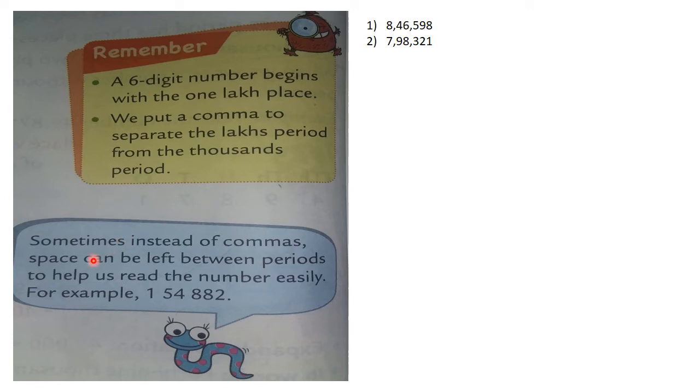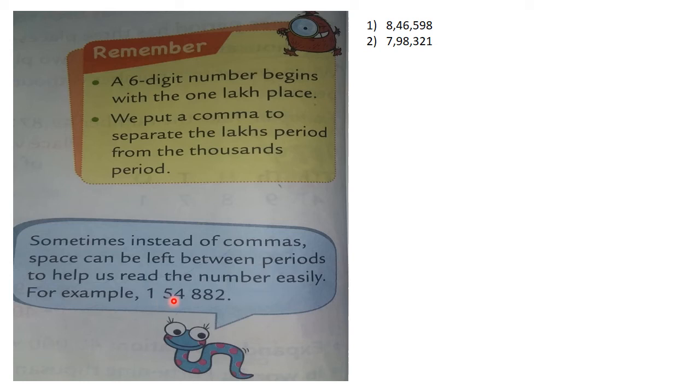Sometimes, instead of putting commas, we can leave a space between the periods, so that it helps us read the number easily. For example, if you have to write 1,54,882, instead of putting commas you can leave a space like this, so that it is completely understood that the 1's period includes 3 place values, the thousands period includes 2 place values, and the lakhs period has only 1.